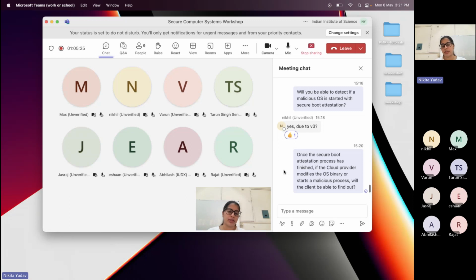You get that value, and then you verify it and you're satisfied, okay, this is the software stack which is running. Now, once this process is finished, can the cloud provider modify the OS binary and start a malicious process, and will the client be able to find out?